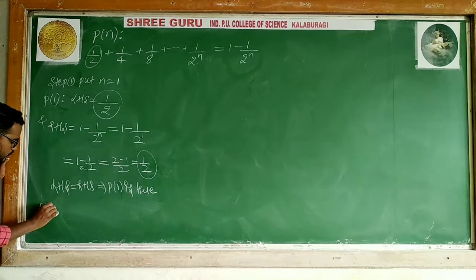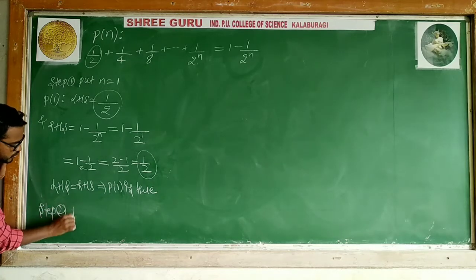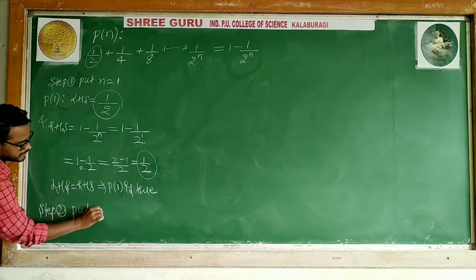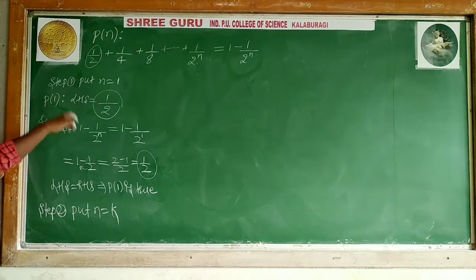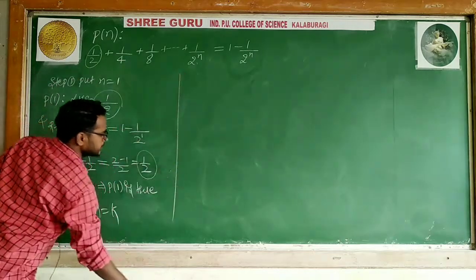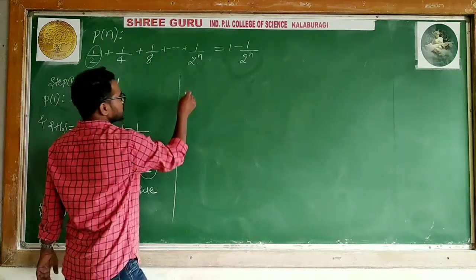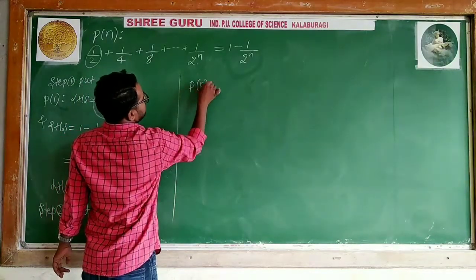What is step 2? Put n is equal to k. n is equal to k. We will write it there.